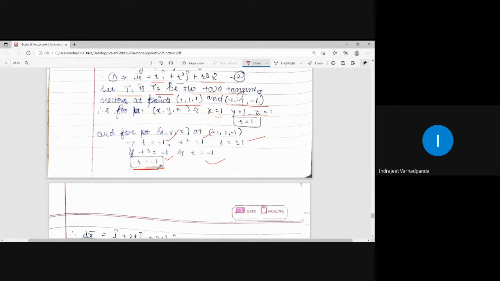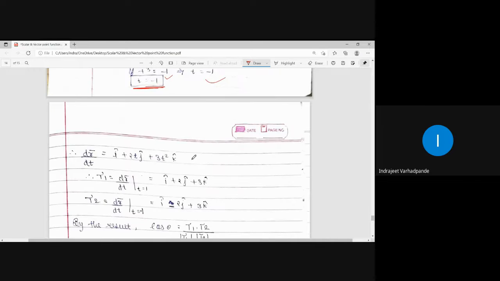So therefore t square is equal to 1 means t is equal to plus minus 1, but as the other values are negative, I take t is equal to -1, right? So dr bar by dt is i bar plus 2t j bar plus 3t square k bar. T1 is nothing but the value of dr bar by dt at t is equal to 1. T2 is nothing but the value of dr bar by dt at t is equal to -1.